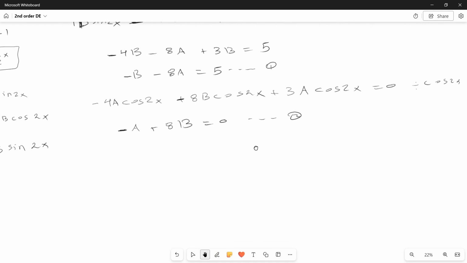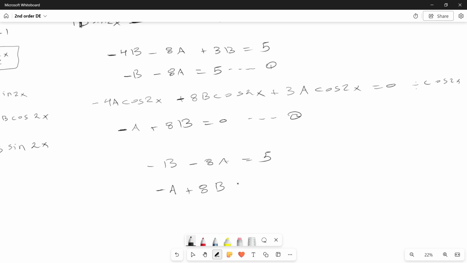Now we'll use the elimination method, so we have negative b minus 8a equals 5, and negative a plus 8b is equal to 0.